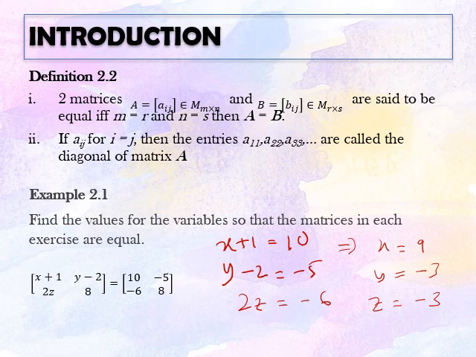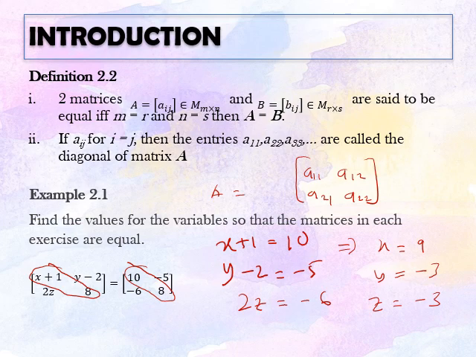This is just to explain the equality of two matrices, and also the diagonal. The diagonal is this one. For a matrix A, we have A11, A12, A21, A22. Remember we write the number of row first.